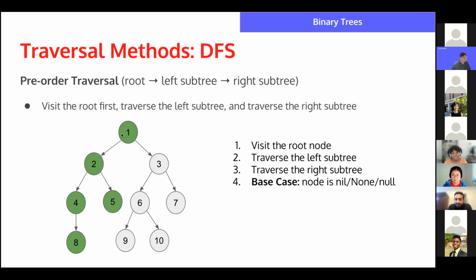Then because we visited the root node and its left subtree, now we go back to its right, visit this root node of 3, traverse its left subtree. 6, visit this root node now of this subtree and its left subtree, to 9, then to 10, then to 7.